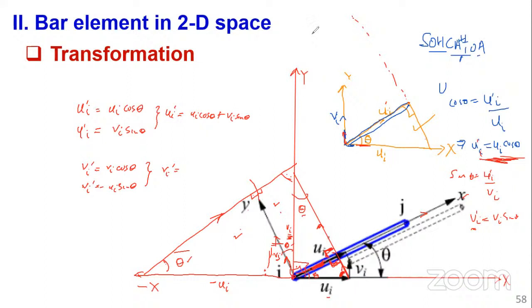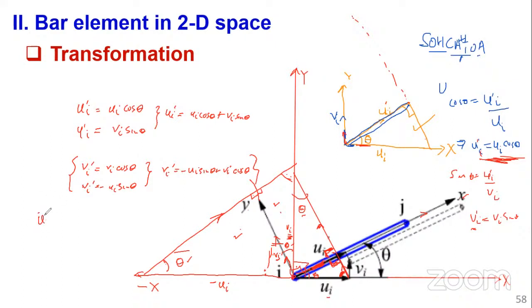You're going to get vi prime is equals to minus ui sin theta plus vi cos theta. So it's a very simple thing to derive. Just have clarity as you are projecting this line so that they don't confuse you. I'll just move quickly in this one. In the interest of time, you don't have ample time, but again, it's something simple. You can derive that so that I can get to the core of what we want to do. Now you can write this together.